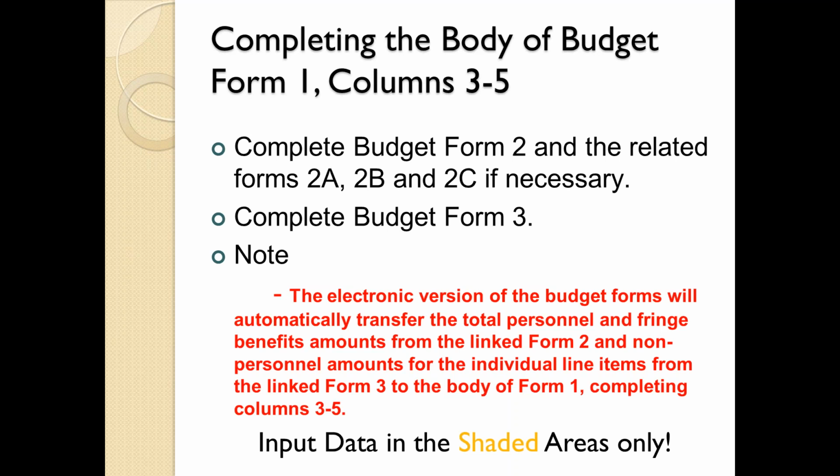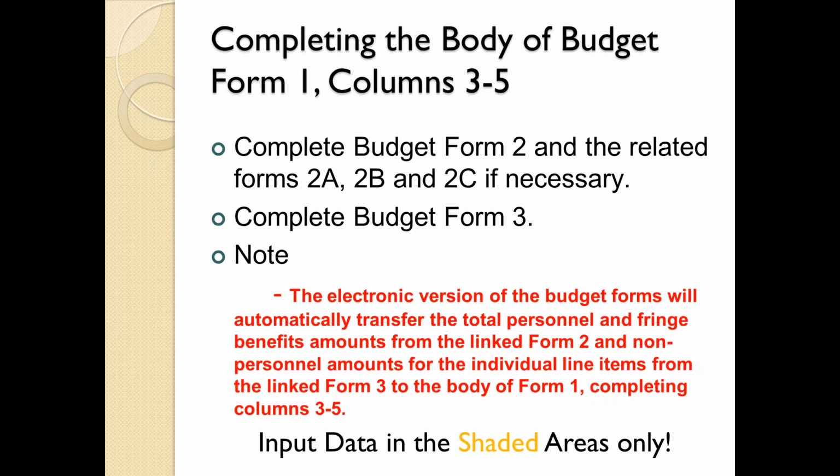Again, you want to just make sure that you take note: the electronic version of the budget form will automatically transfer the total personnel and fringe benefit amounts from the linked Form 2 and non-personnel amounts from the individual line items from the linked Form 3 to the body of Form 1, completing columns 3 through 5.